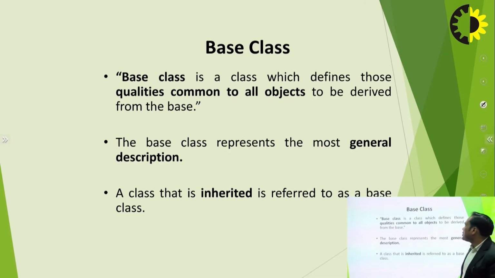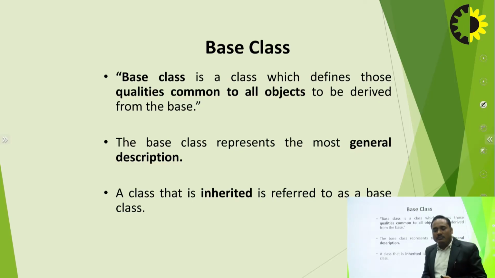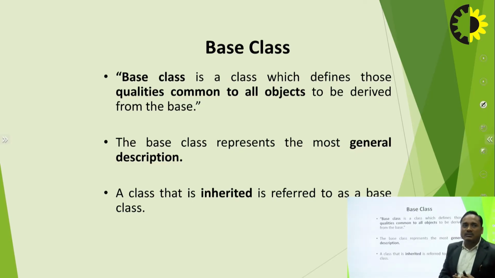So what is the base class? The base class is the main class. In object-oriented programming, the base class is the root class, a class which defines those qualities common to all objects derived from the base class.